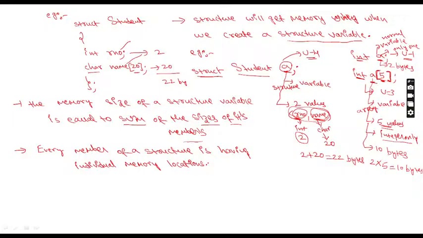If I store roll number, it will be stored here. When I store name, the name will be stored there. When I enter name, that will not disturb the roll number. If I do any operation on the roll number, it cannot affect the name. So everyone has their own space. When I enter roll number, where will it be stored? In 2 bytes. When I enter name, where will that name be stored? In 20 bytes. Clear everyone?